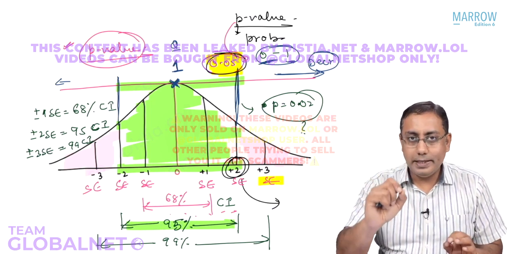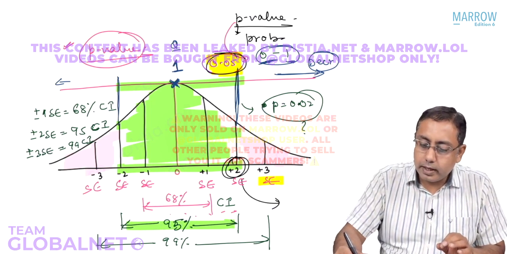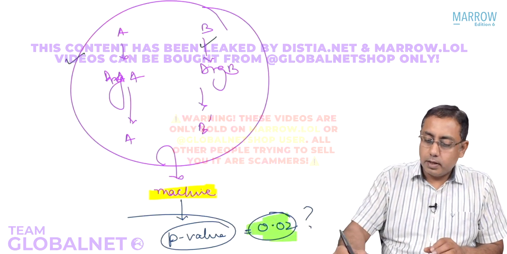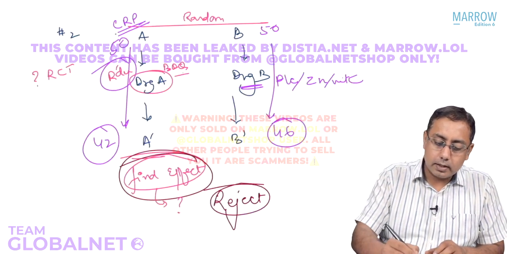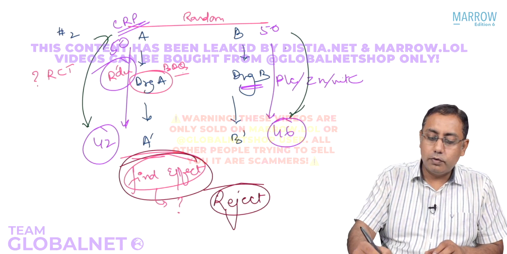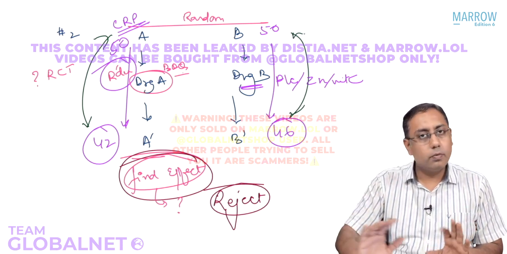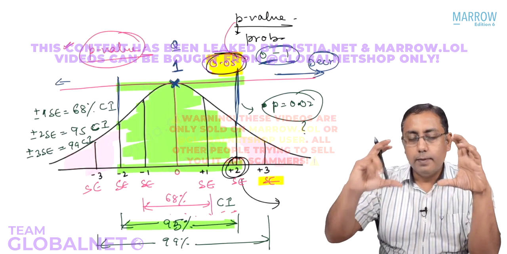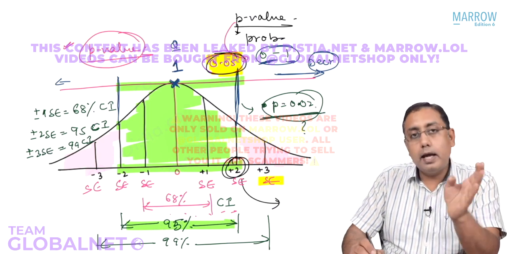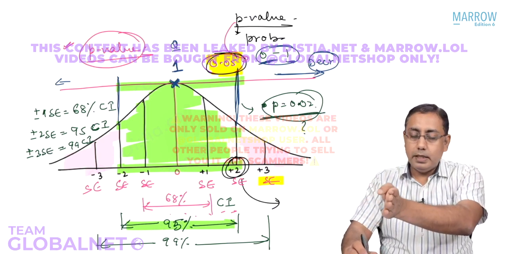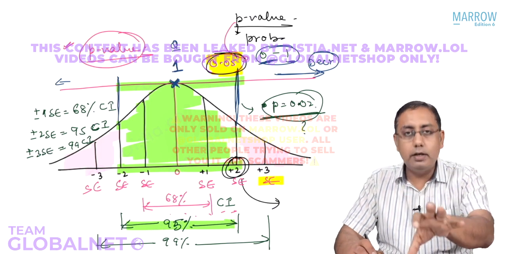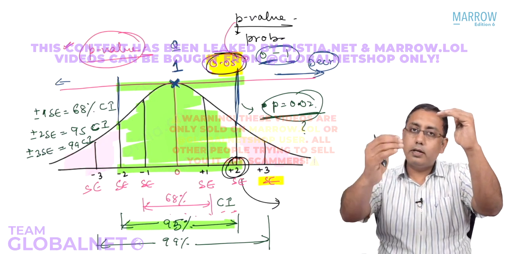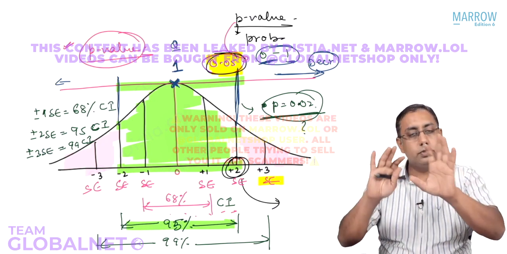P-value 0.02 means that whatever difference was there in these two groups, group A and group B, like you had this 50 coming to 42 and 50 coming to 46, whatever difference was there, this difference is in the abnormal zone. That means whatever difference was there, that is a real difference. That means that either drug A is very effective or drug B is protective. That you see for yourself.